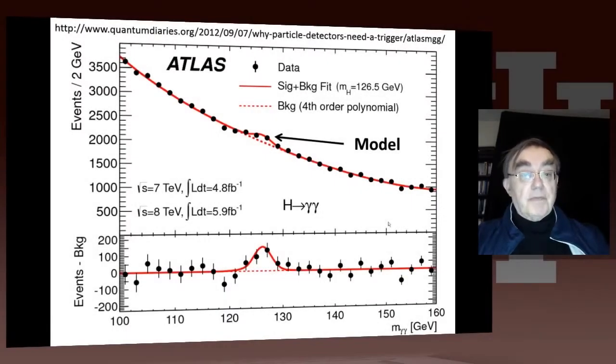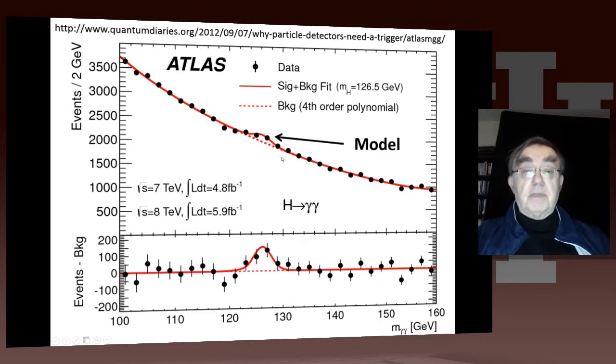Here is one of the famous pictures of the early discovery from 2012 of the Higgs particle. And you can see the Higgs particle is this bump here. The dots are the experimental measurements, and the dashed and the solid red lines are a model.